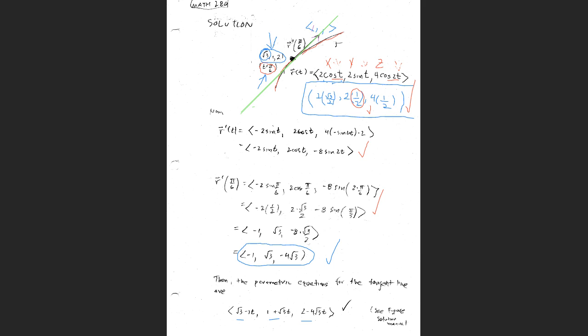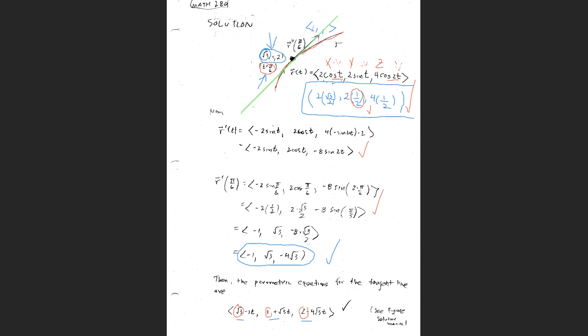So the line passes through the point √3, 1, and 2. That's how you get the point here, √3, 1, and 2.